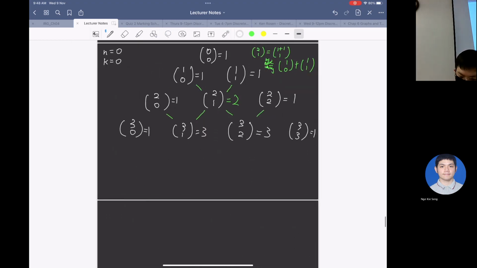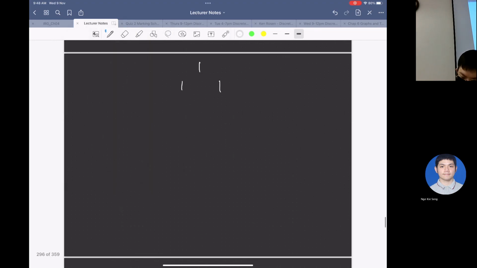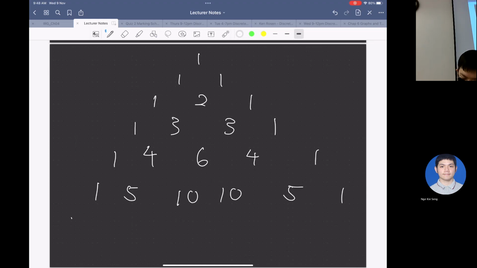So if we just extract this triangle out, we will get 1; 1, 1; 1, 2, 1; 1, 3, 3, 1; 1, 4, 6, 4, 1; 1, 5, 10, 10, 5, 1. Then you can keep going.